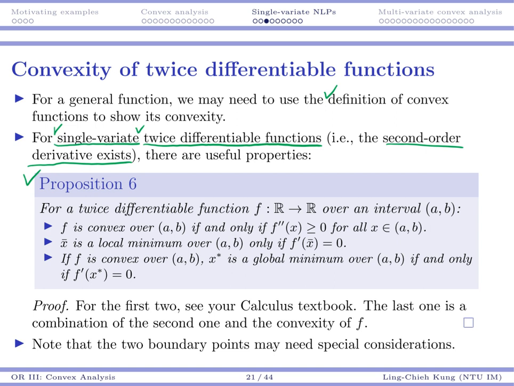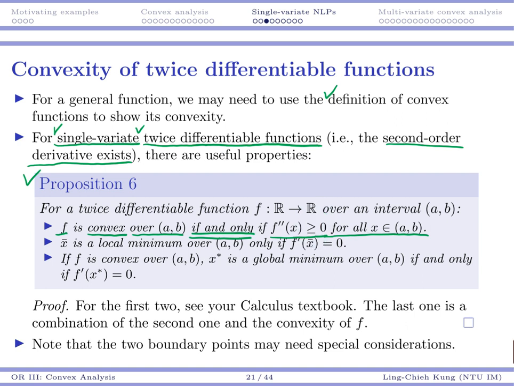It says that if your f is twice differentiable over an interval (a, b), then in that case, your f would be convex over this region if and only if the second order derivative for all values in this region is non-negative. Okay?